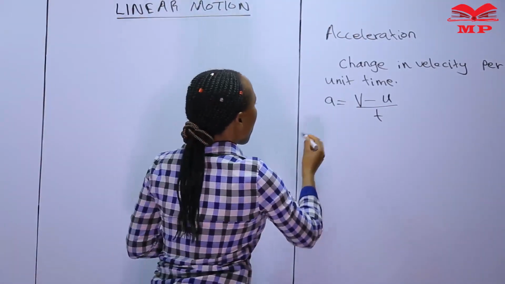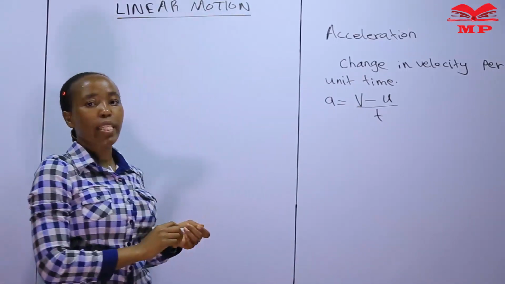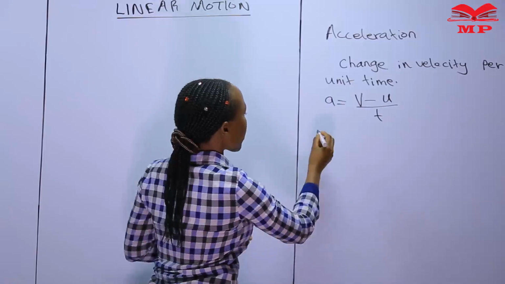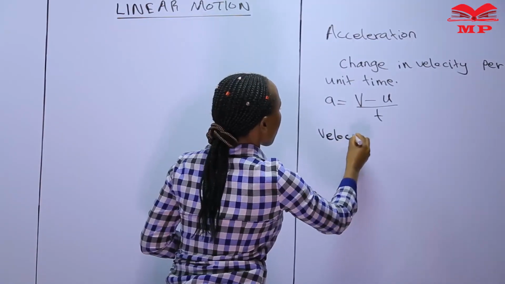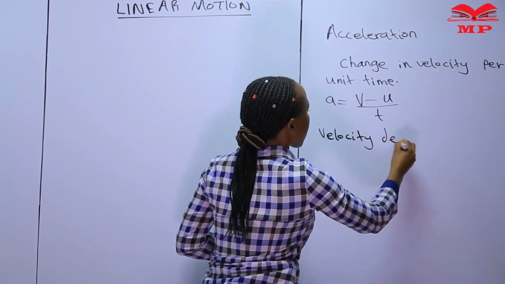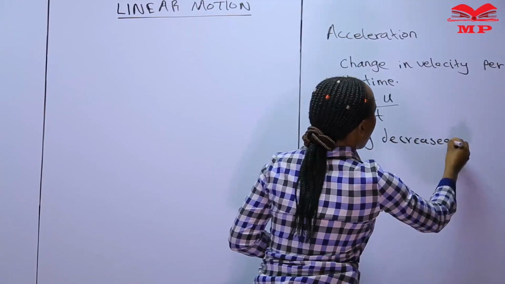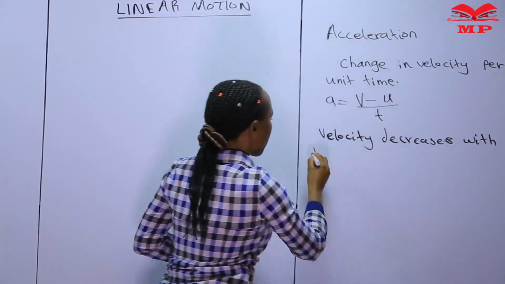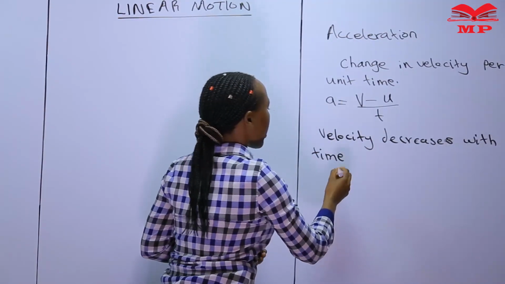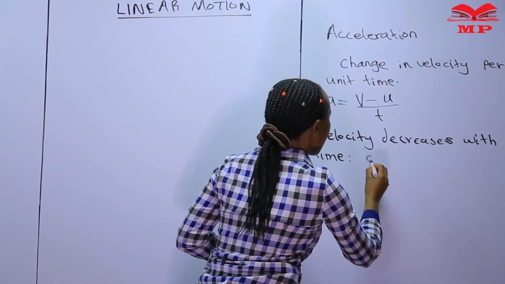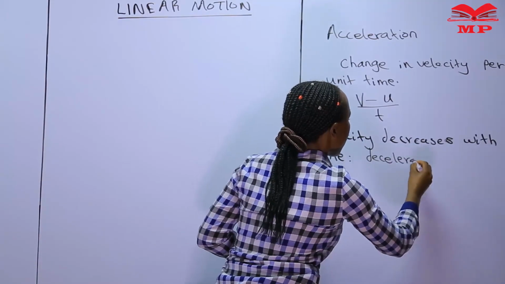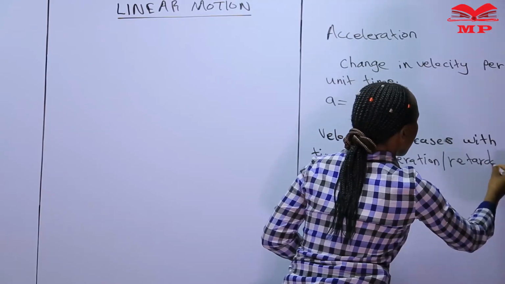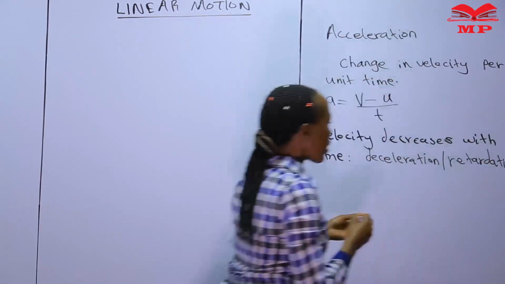Again, if a body's velocity is decreasing over a time interval, if the velocity decreases with time, then we say that there is what we refer to as a deceleration or retardation.